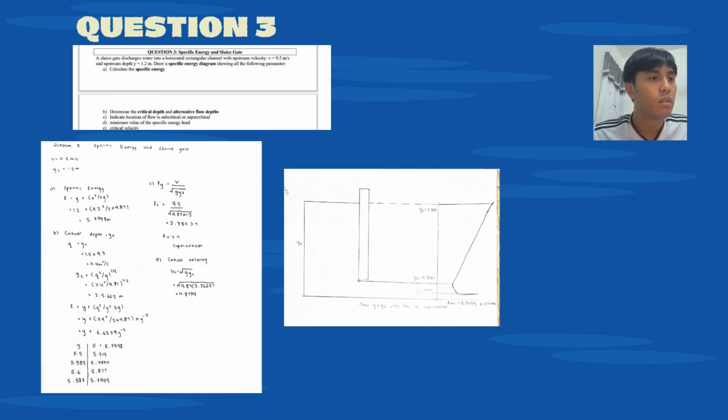And then for E, critical velocity. VC is equal to the square root of g times YC, and then we get 4.8779 for critical velocity.